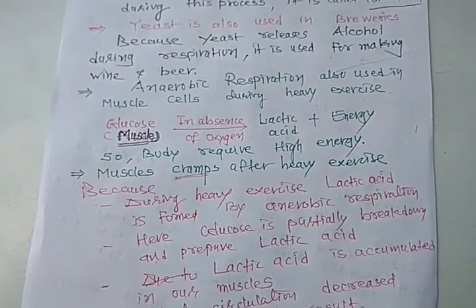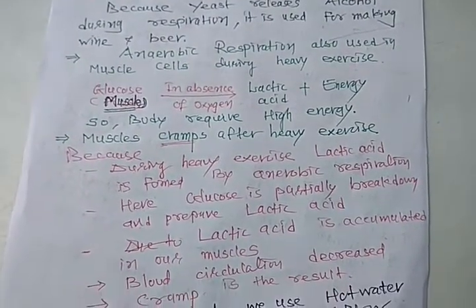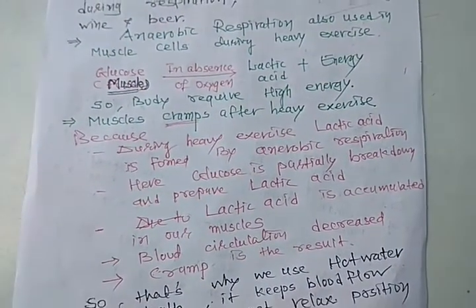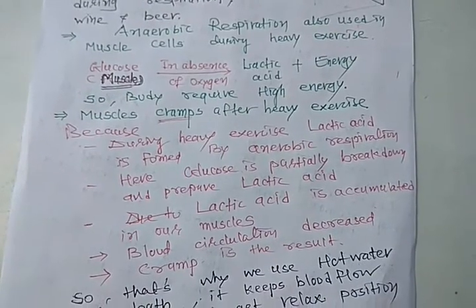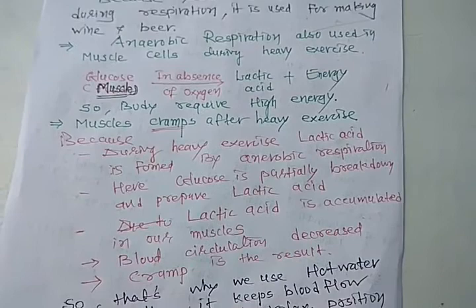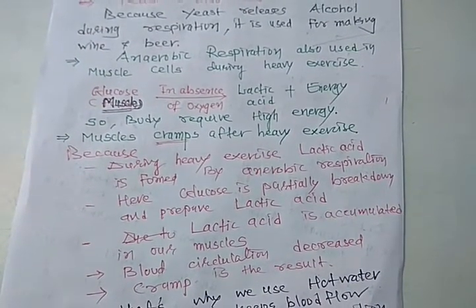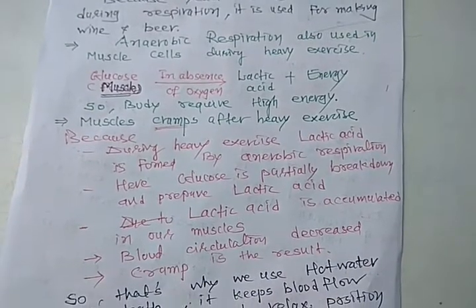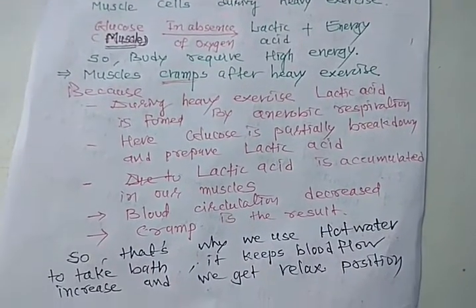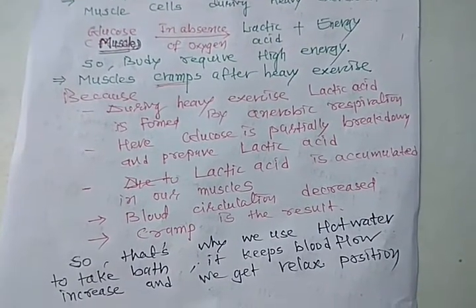So the body requires high energy. When our body requires less energy, our respiration is aerobic. But during heavy exercise, our body undergoes anaerobic respiration. That's why we are tired and muscles cramp after heavy exercise. It is one of the reasons.